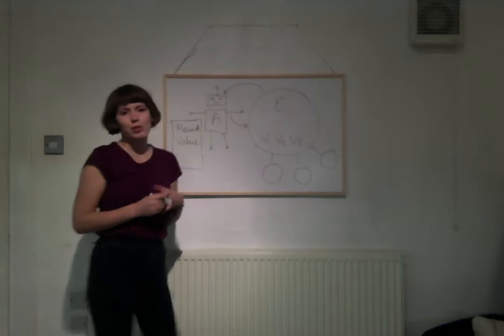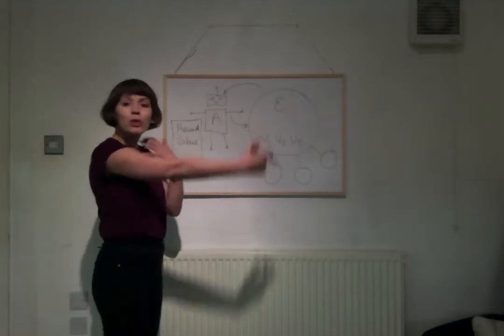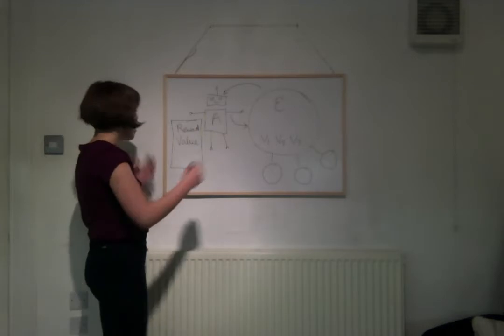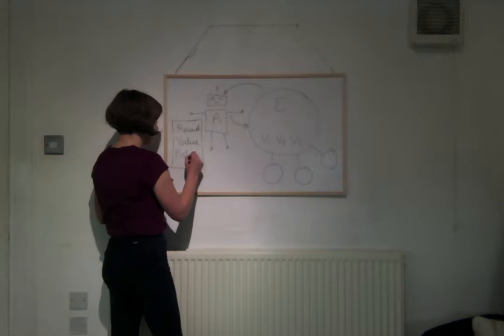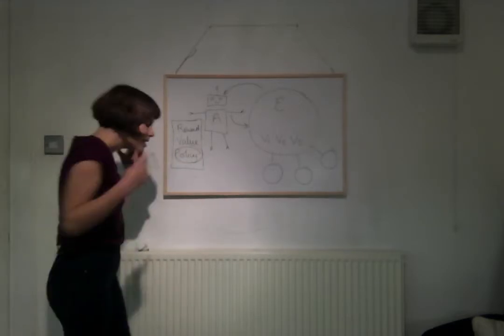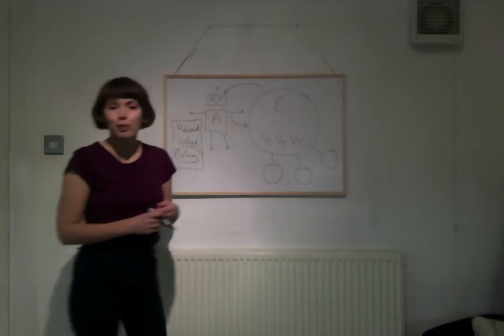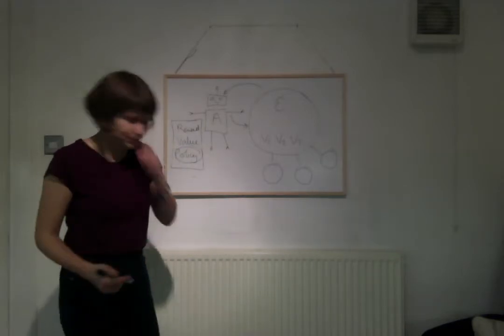How does the agent know what to do in order to maximise this value, in order to maximise its reward over all of the time steps in an episode? We have something called a policy function, which is what the agent needs to learn. This could consist of anything. It could be a very simple formula. It could be a really massively complicated neural network.